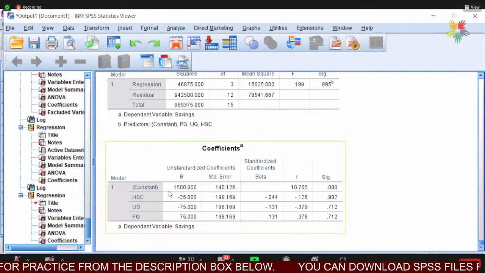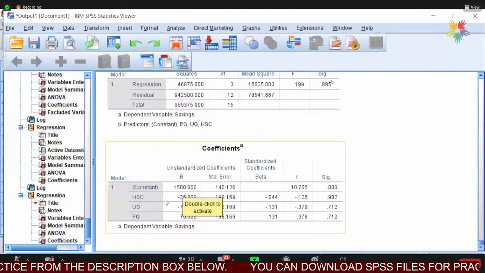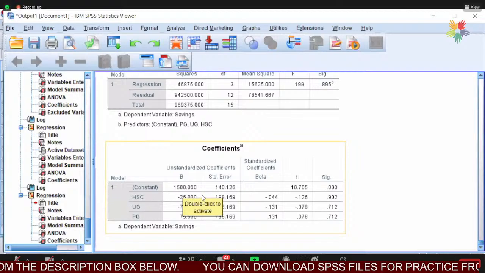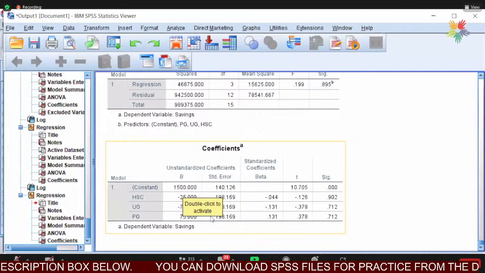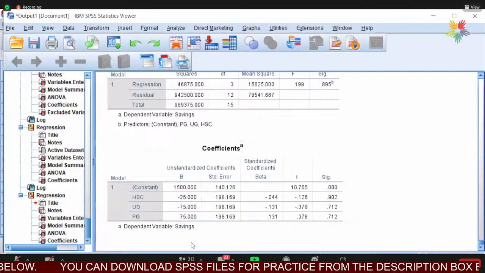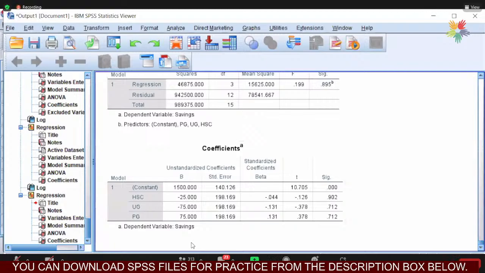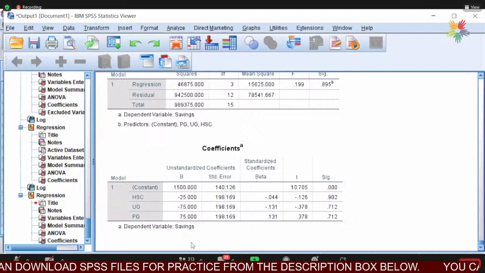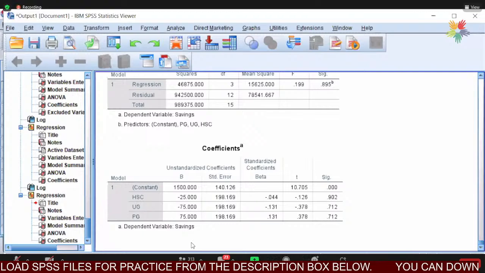See here, the constant value is 1500, HSC is minus 25, UG is minus 75, PG is plus 75. Now how to write it?